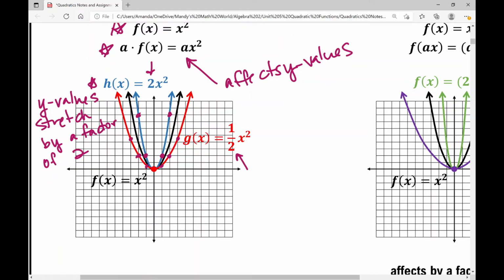So that's a vertical compression, and it doesn't make the parabola narrower, it makes it wider. Let's write that down here: the y values compress by a factor of 1/2.